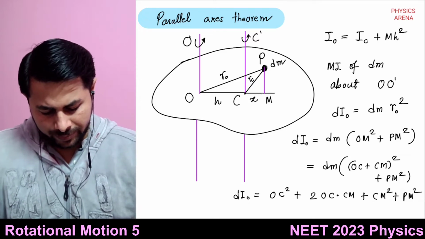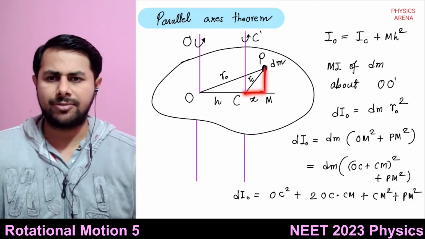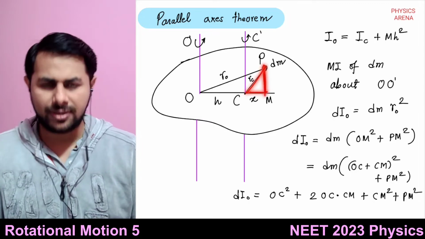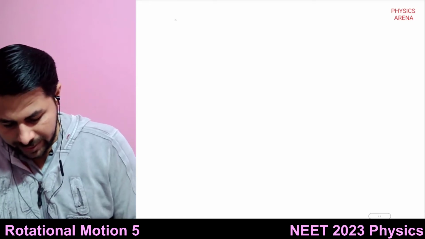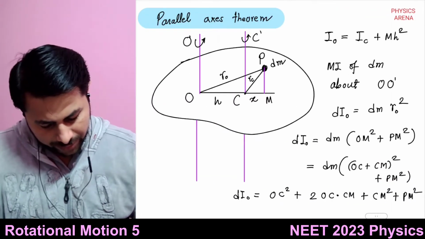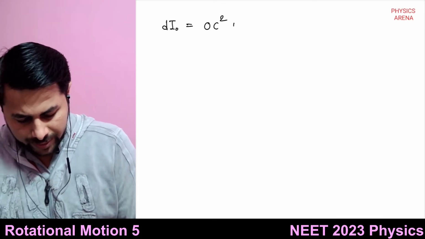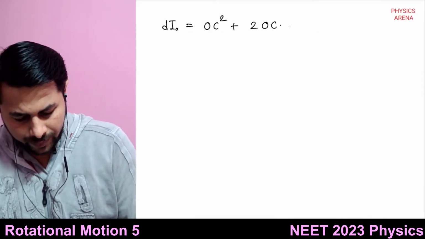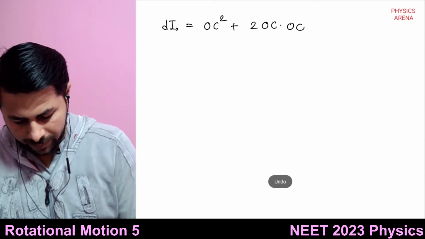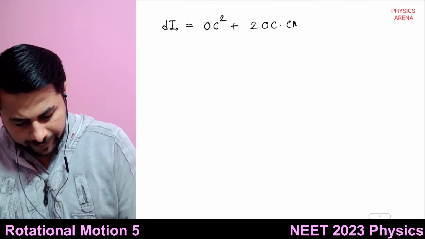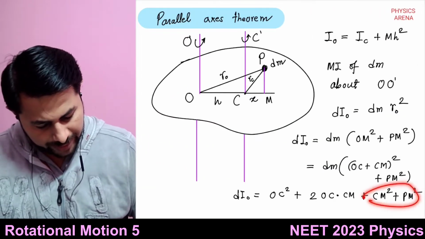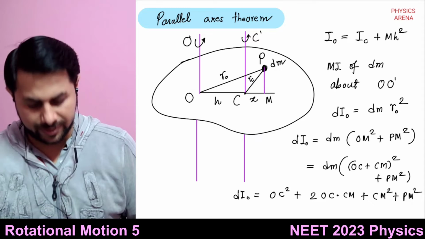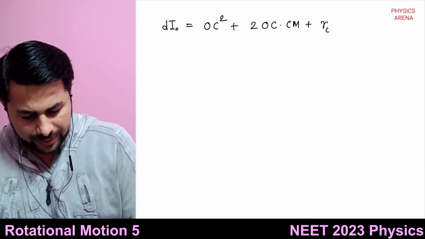And then here we can see that CM squared plus PM squared, by Pythagoras theorem again, is CP squared, which is RC squared. So dIO is equal to OC squared plus 2 times OC multiplied by CM plus CM squared plus PM squared, and CM squared plus PM squared is RC squared.